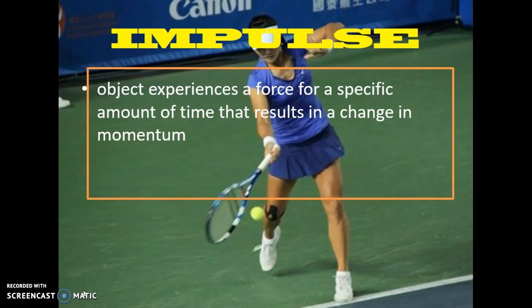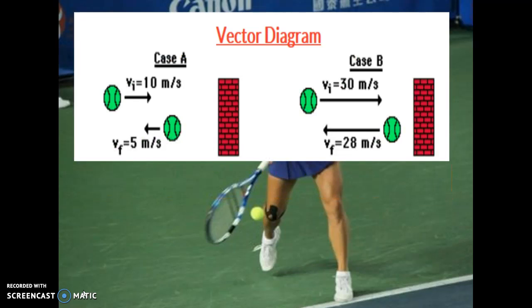So an object experiences a force for a specific amount of time, and that's where we've seen this equation before in level 2, where F times delta T equals m delta V. So in other words, the change in momentum equals the impulse.